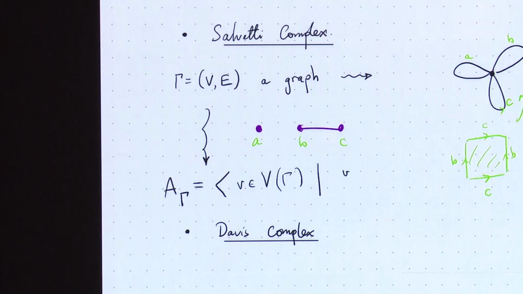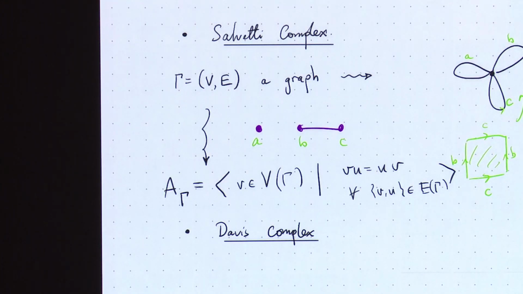So you add the relation that v commutes with u for every edge. This is related to something called the fundamental group. So the fundamental group of this complex is going to be this Artin group.